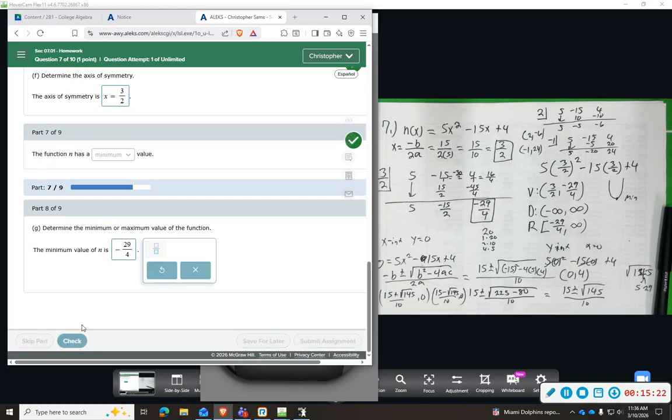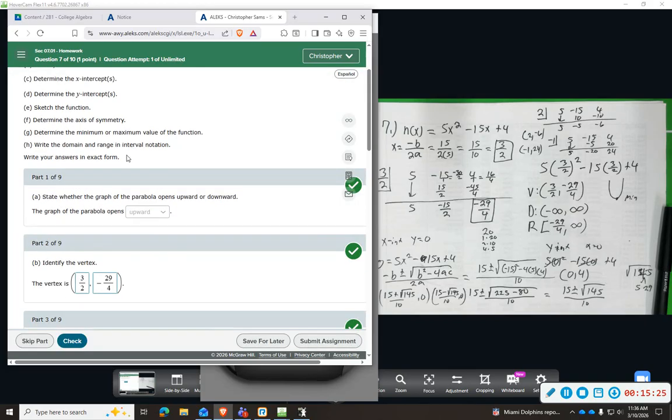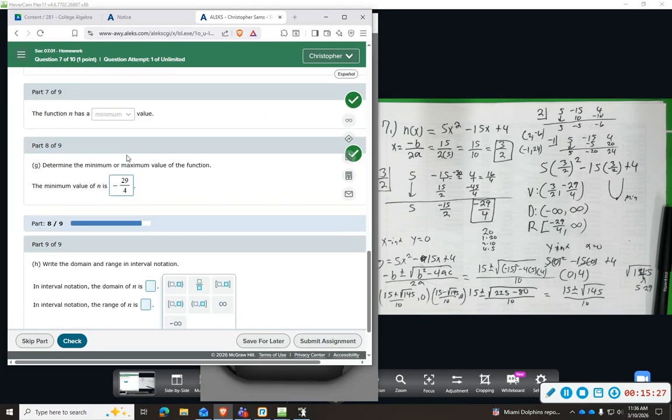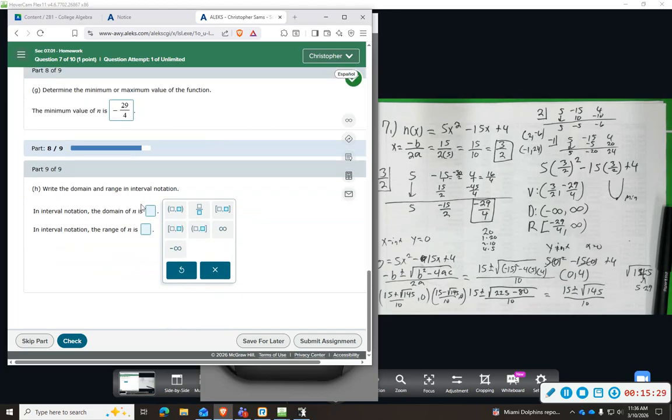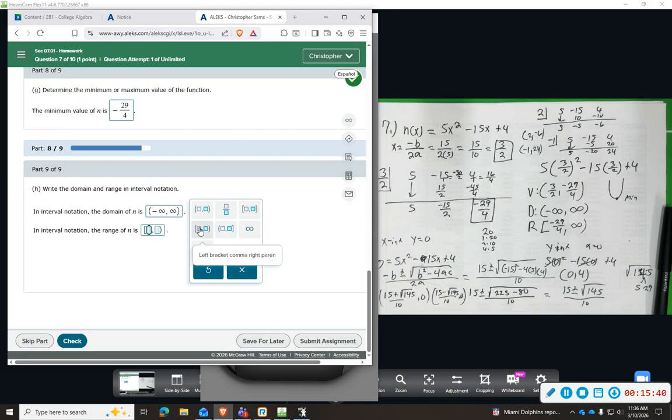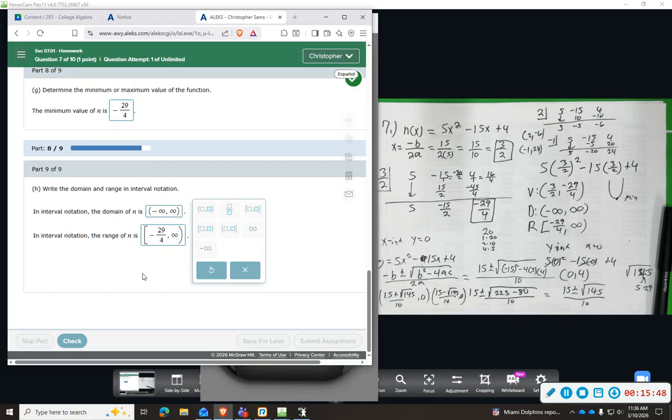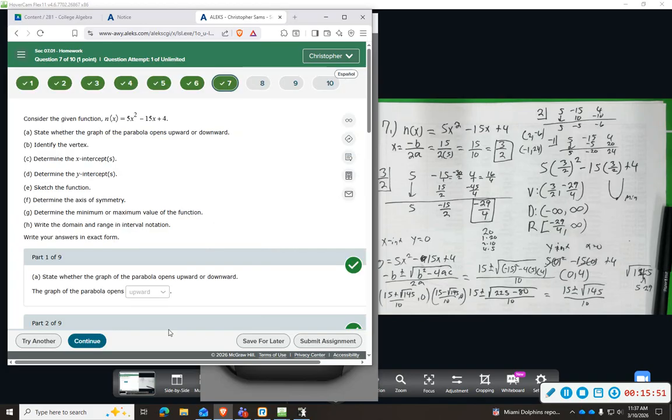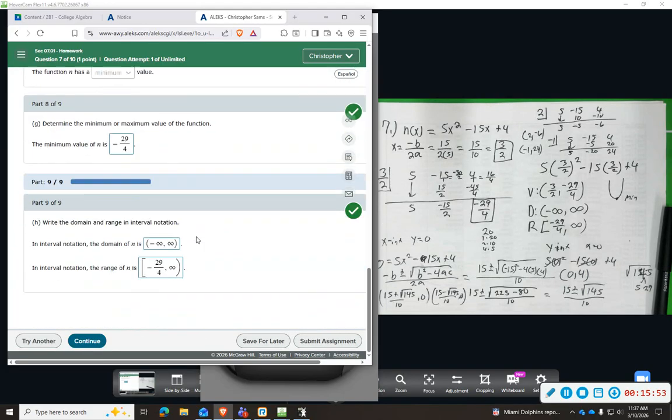And the domain is all real numbers, negative infinity to positive infinity. And the range is negative 29 divided by 4 up to infinity. All right, and that should be it.